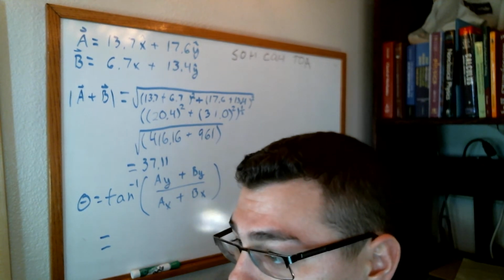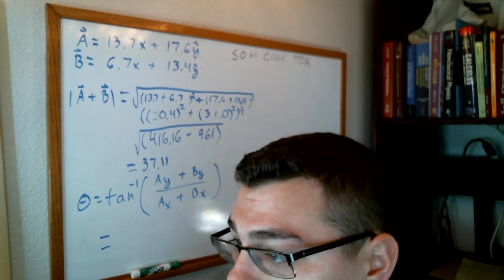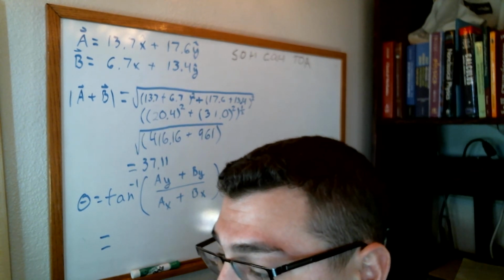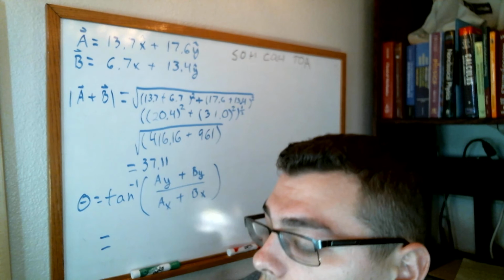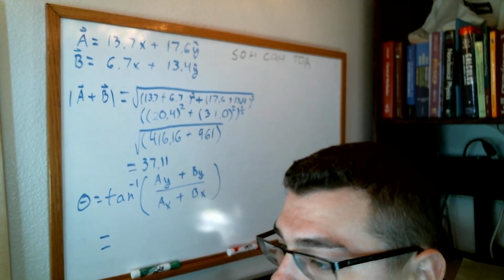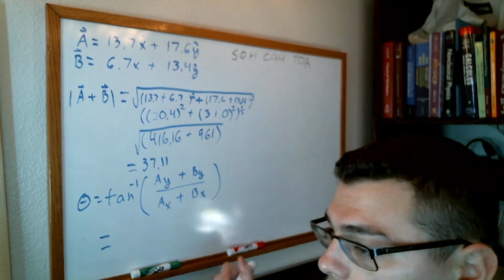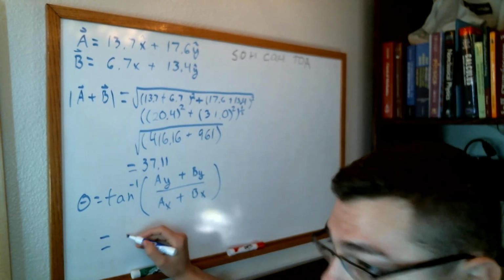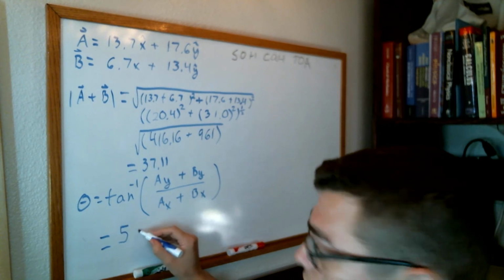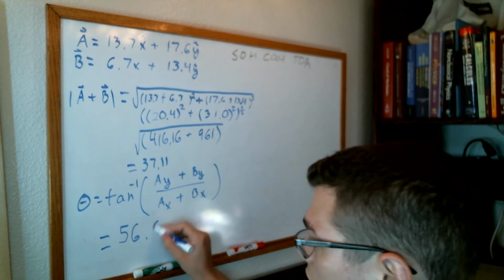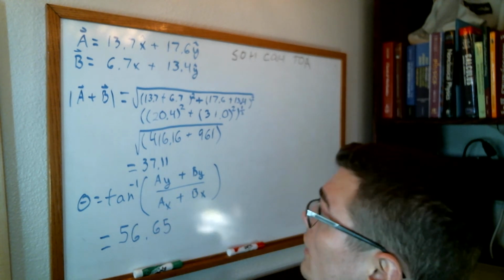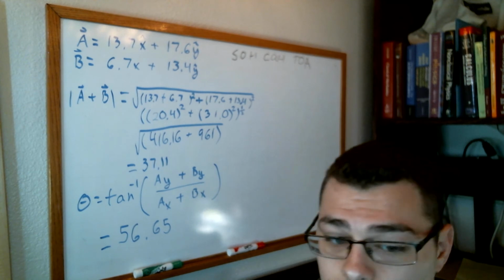We can plug in 31 as our y and 20.4 as our x, and that will give us our result in radians. We can also convert that to degrees, and your calculator will do it for you automatically if you're still in degrees. So that'll give you 56.65 as the resulting angle of the vector when you add the two.